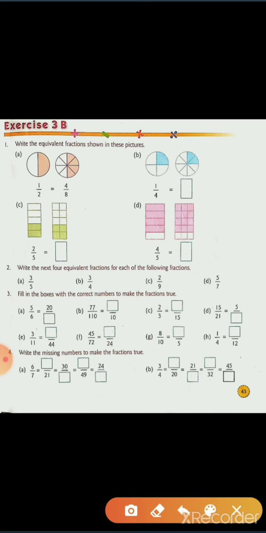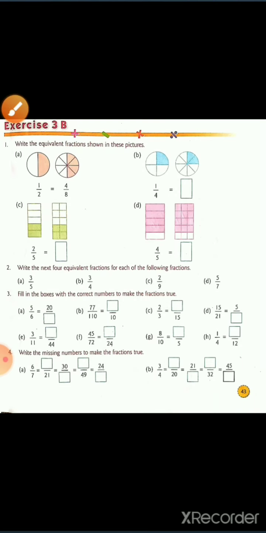Again I want to repeat, in each fraction you just multiply the same number in the numerator as well as in the denominator, and in this way you find the next 4 equivalent fractions for 3 by 5, then 3 by 4, 2 by 9 and 5 by 7. That means for 3 by 5 you have to find out 4 equivalent fractions. Similarly for 3 by 4 you have to find 4 equivalent fractions, 2 by 9 and 5 by 7 also.